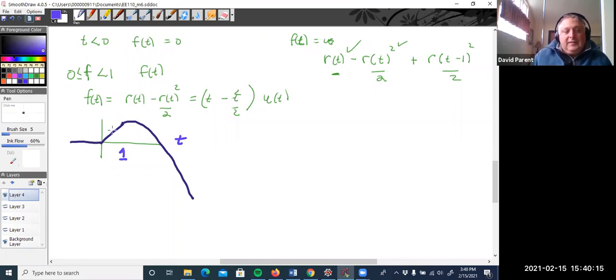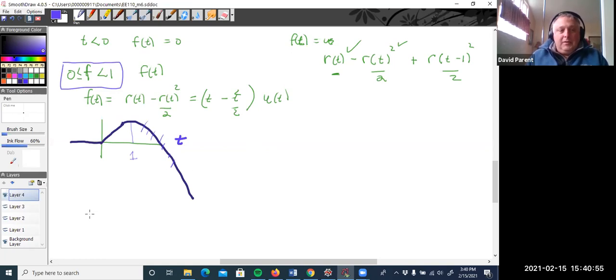But remember, we only said, I'm just going to call this 1. So it comes up and then it goes over. But this isn't valid because we said it was only for this time frame.